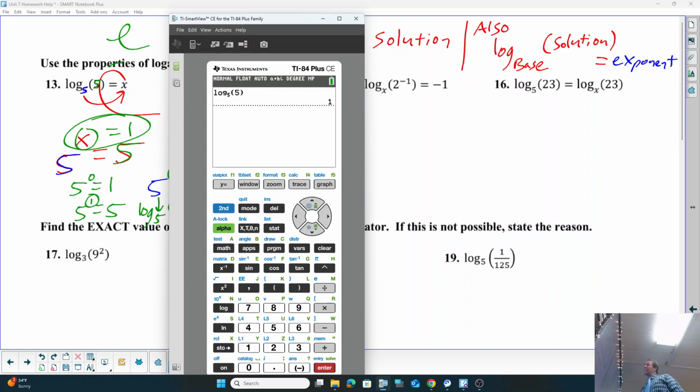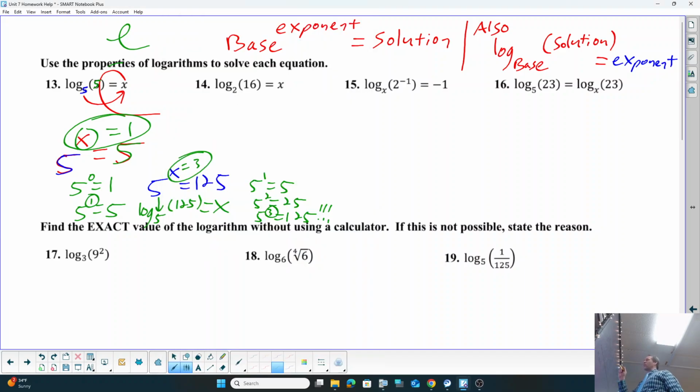Another way you could do it is the change of base, if your calculator doesn't have the log base option. You do log of the top, so log of the green 5 divided by log of the blue 5. We'll show you change of base again in the future. Still gives you 1.